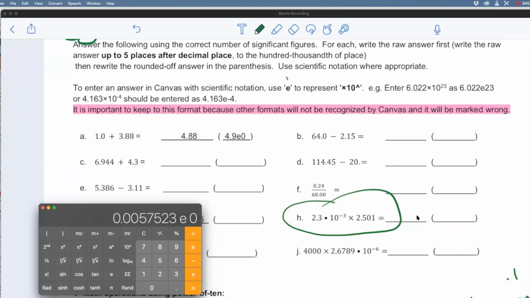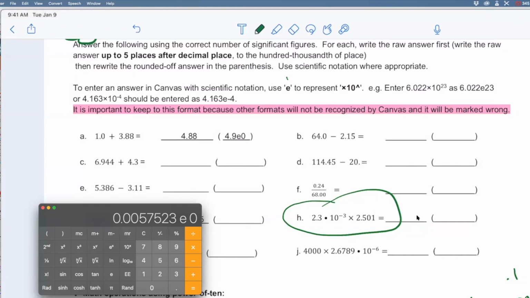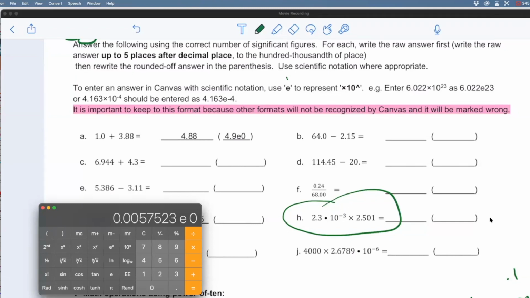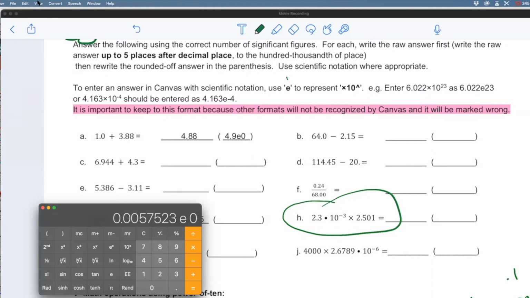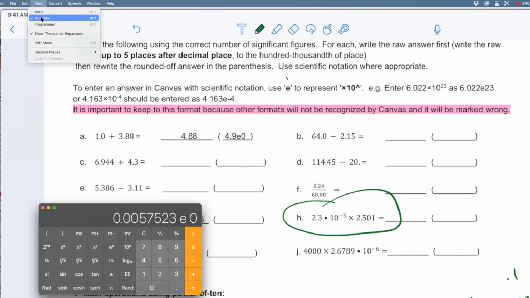But how many significant figures should your answer contain? According to our rules, it should have 2 significant figures. So now we can make that scientific notation. This would be 5.7 times 10 to the minus 3, because we're moving the decimal point 3 places over.